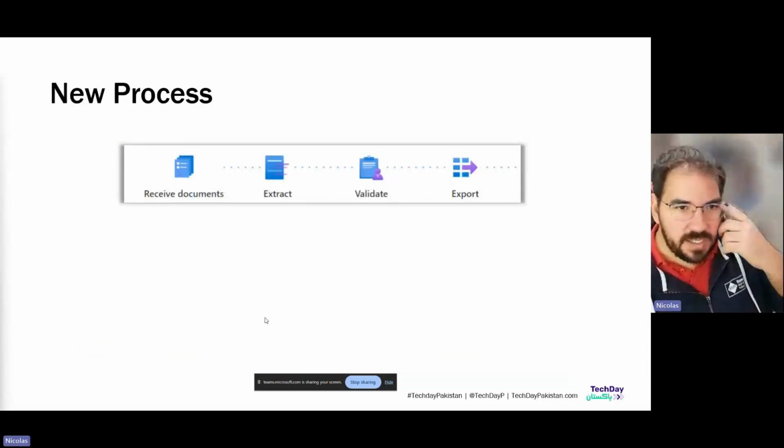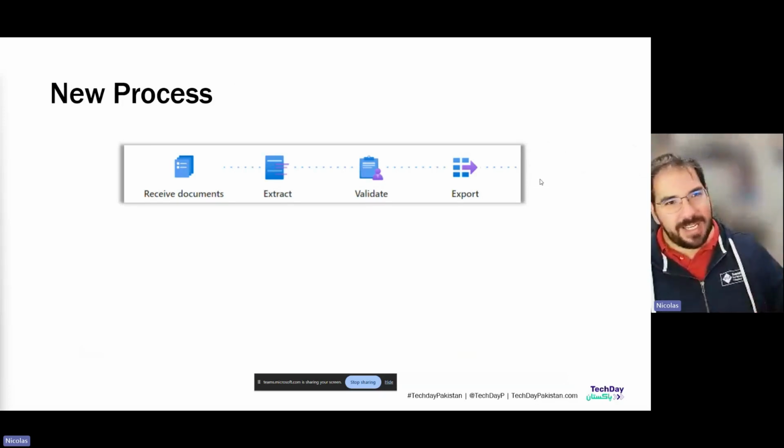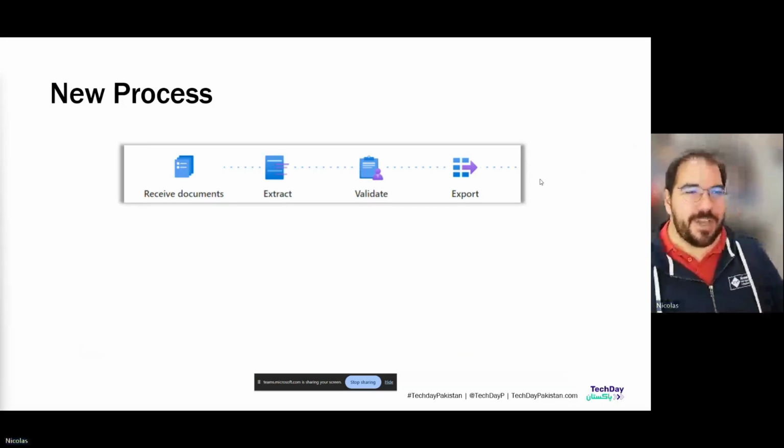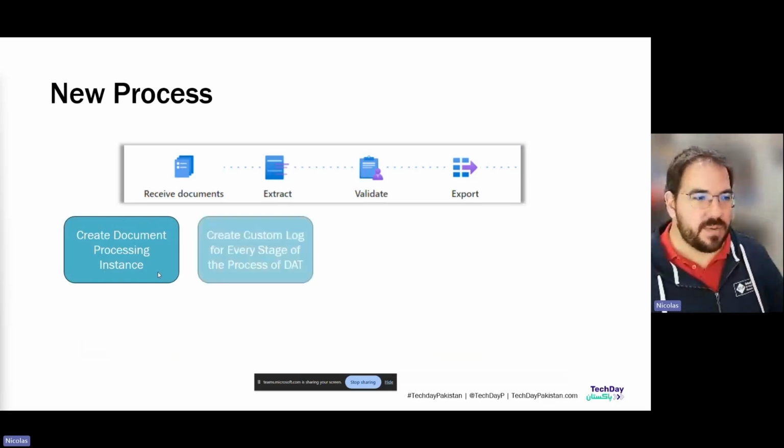So if we go back to this diagram, I actually removed the monitor on purpose because it's too generic at the end. This is the process, right? To create a document processing instance, that will be the case ID. That's where you're going to track the life cycle of what you're doing.